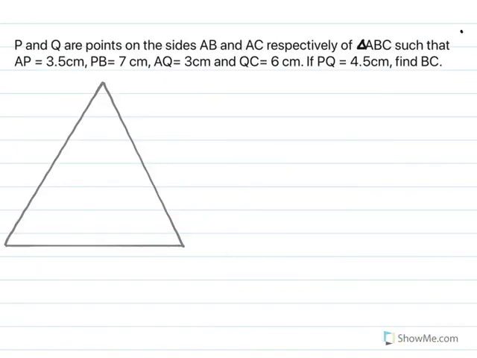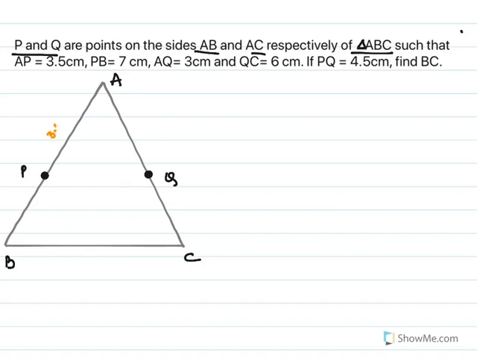Here in the next sum, we have the triangle ABC. Then they have given here P and Q are points on AB and AC. So I will take P here and Q here, such that AP is 3.5.